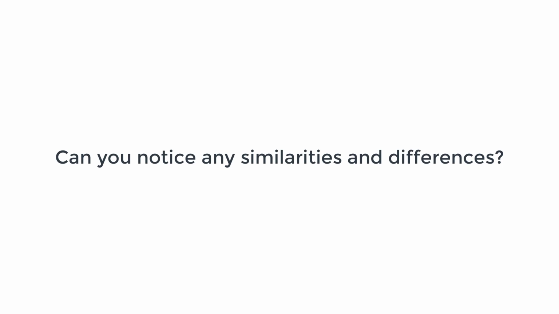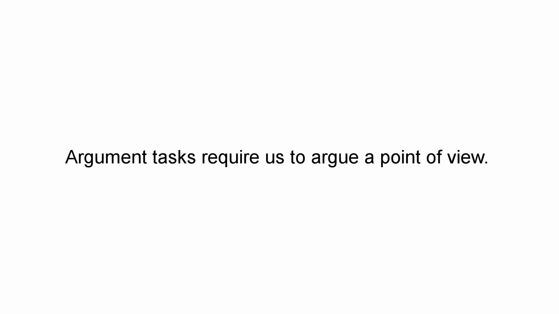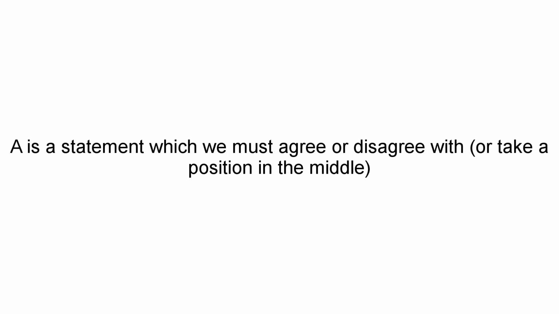So, can you identify the similarities and differences between these 5 prompts we just looked at? The fact is that the first 2 are argument tasks. They require us to argue a point or take a position. What's your opinion?